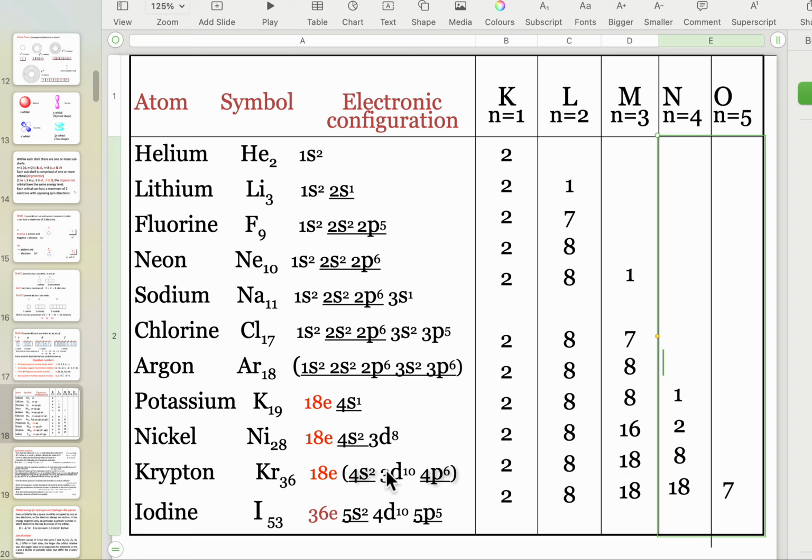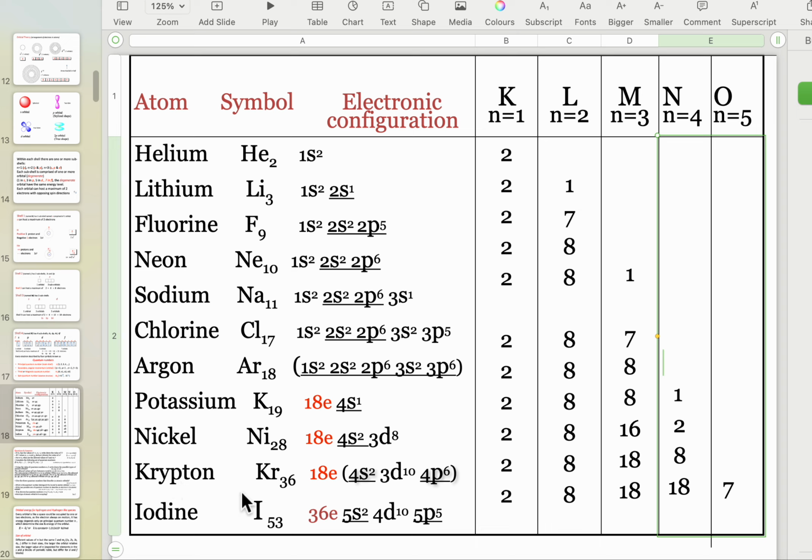In the main shell 4, you take 2 electrons in 4s2, 6 electrons in 4p6, 2 and 6 will be 8. So 8 electrons here in shell 4.